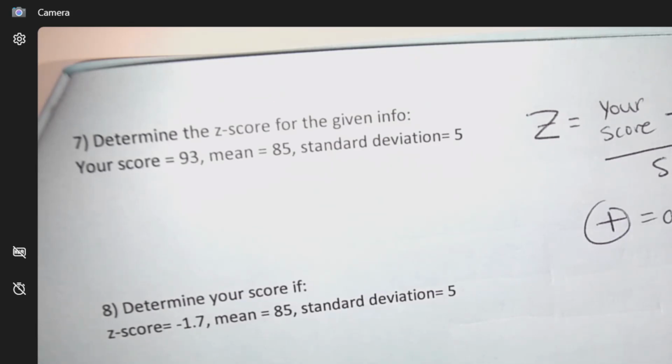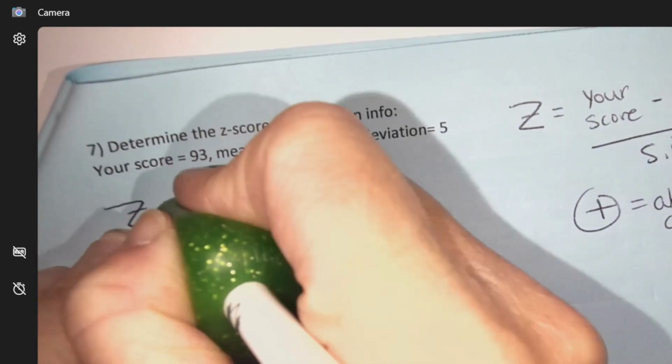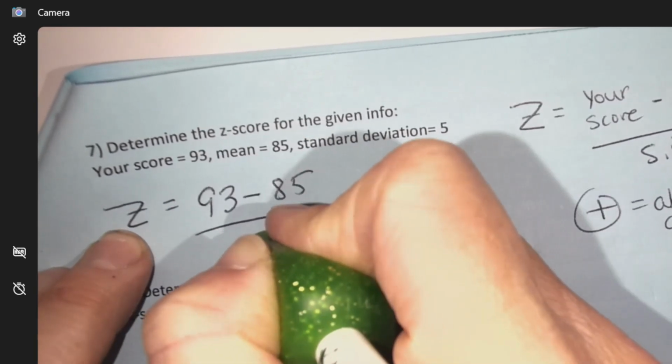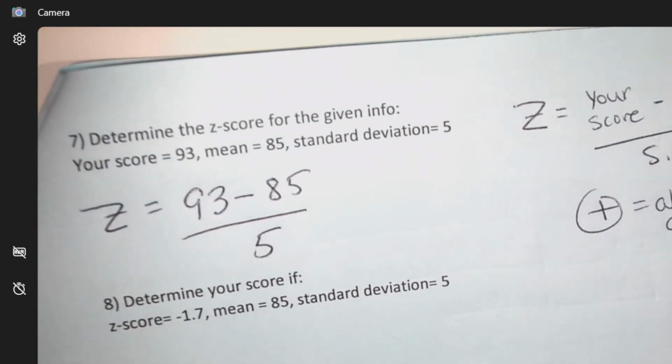If you're below average, your Z-score is negative, right? Okay, so what is my Z-score? I got 93, the average was 85, and the standard was 5.